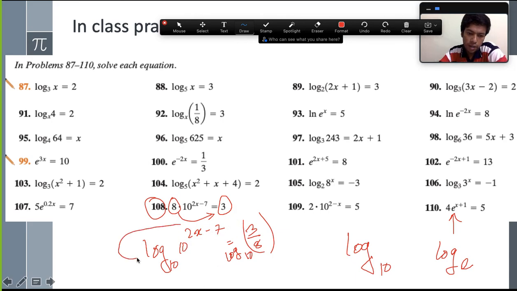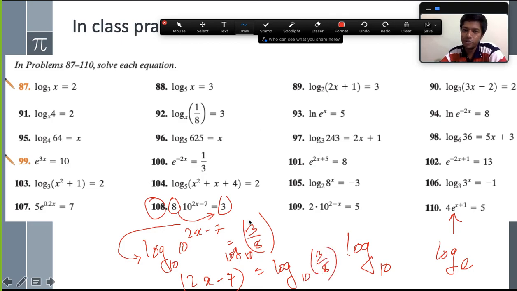Now this power comes here, so it will become 2x minus 7. This power goes first, then it is log 10 base 10. Same base, same thing goes away, evaporates, kind of. Then you have log 10 base 3 by 8.